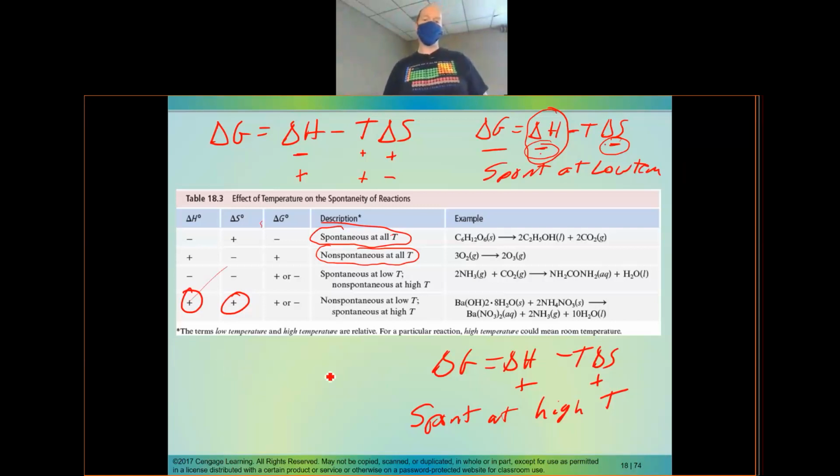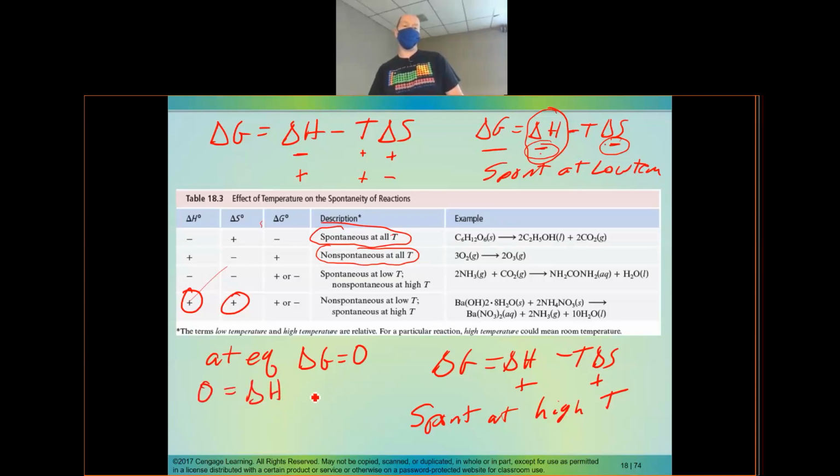And we will actually calculate that temperature because at equilibrium, delta G is equal to 0. And so when we plug in 0 is equal to delta H minus T delta S, and we solve for the temperature, so we add T delta S to both sides.